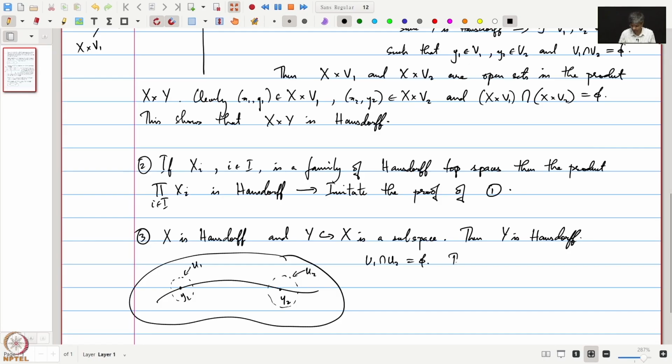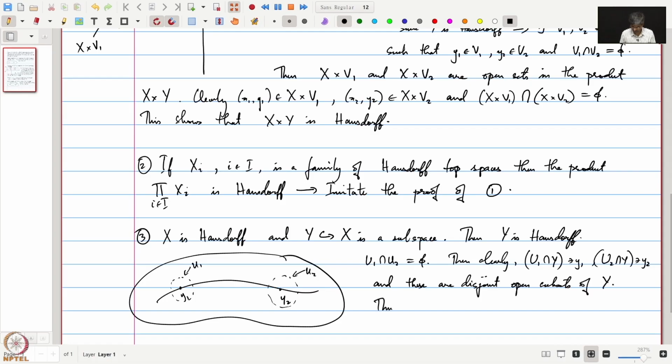Then clearly U1 intersection Y contains y1, U2 intersection Y contains y2, and these are disjoint open subsets of Y. Thus Y is Hausdorff.